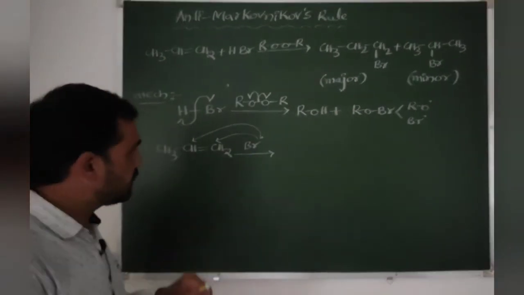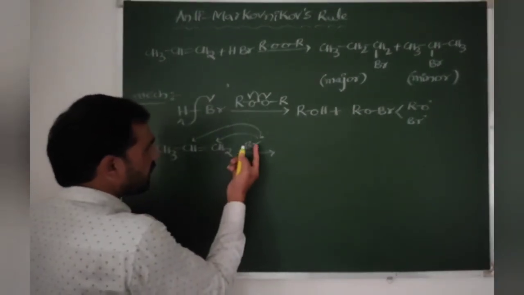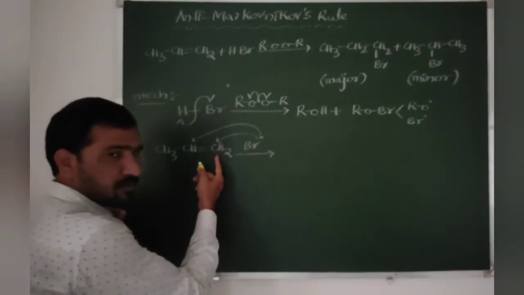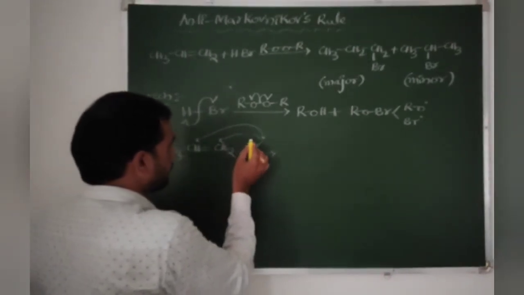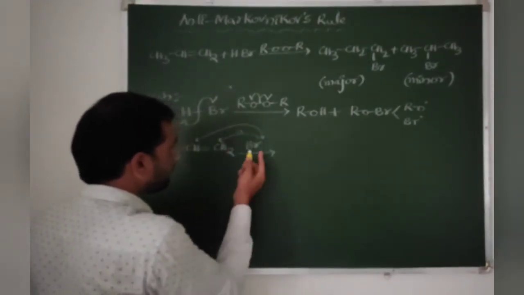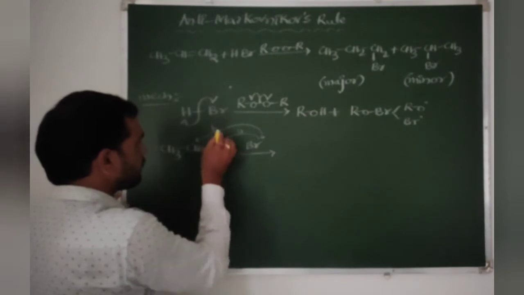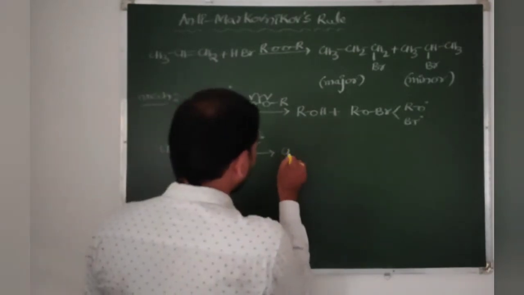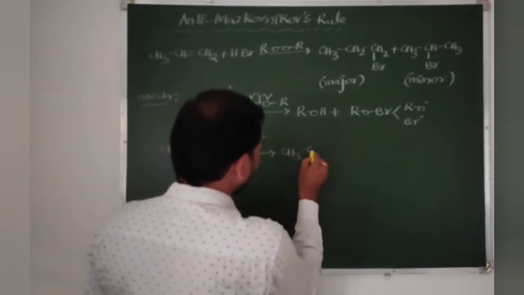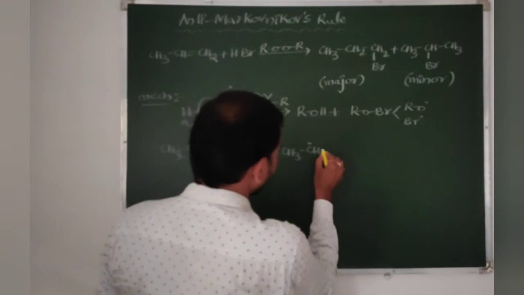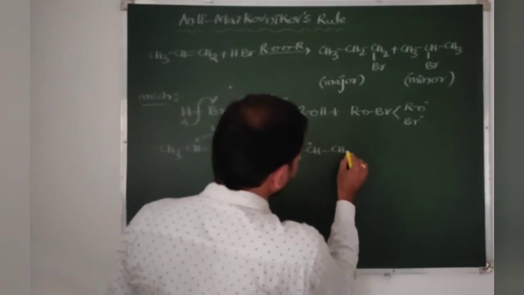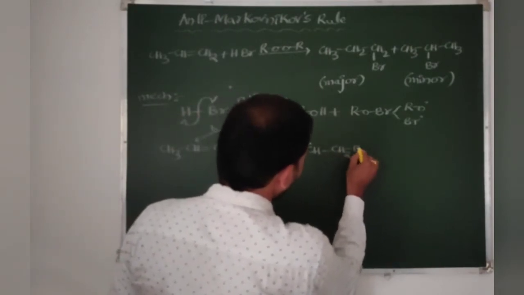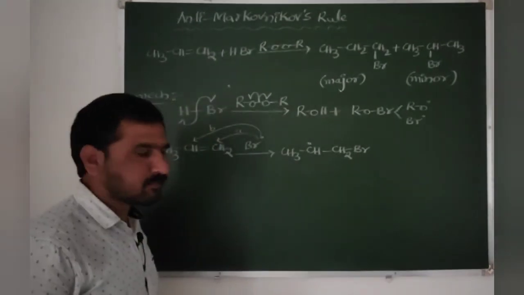Okay, assume that if Br dot is added to this double bonded carbon, that is path A, and the next path is B, like that you can assume. By this, in path A we will get CH3 CH dot CH2Br, right?